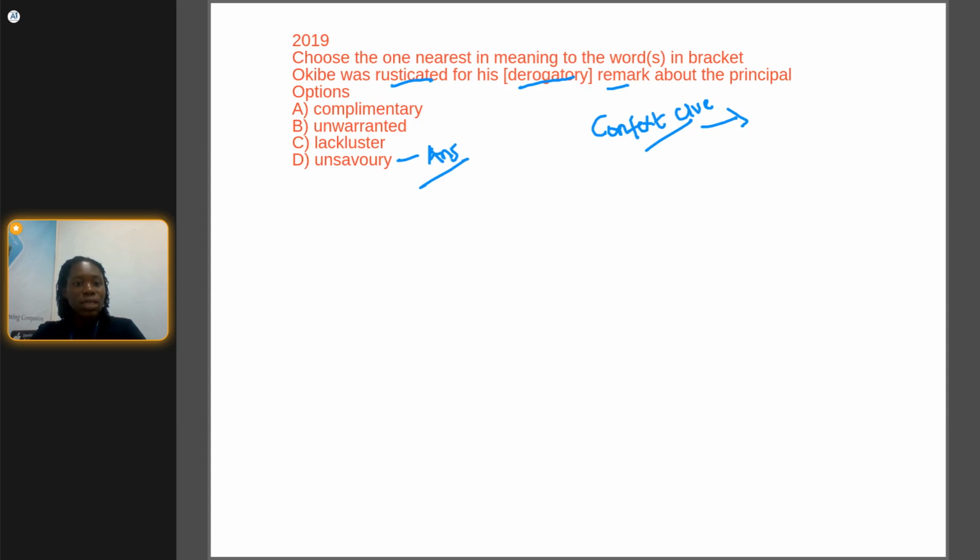The second is choosing the wrong degree of meaning. The third is misusing synonyms in formal and informal contexts. The fourth is using false synonyms. The fifth is choosing a word that is too general or too specific. The sixth is mistaking negative words for positive words, and vice versa. The seventh is falling for tricky answer choices.